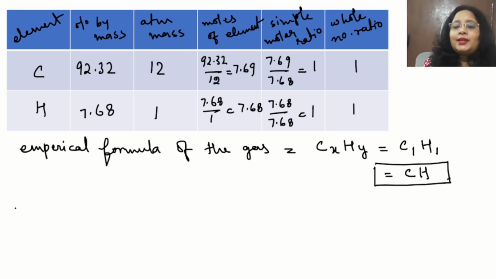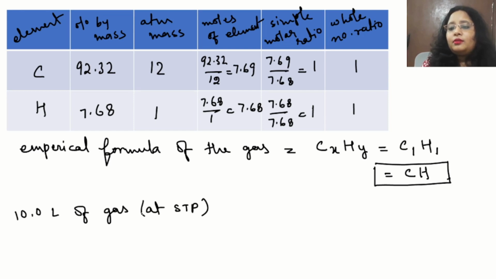Now come up to the second question, that is molar mass of the gas. For this we will use the second statement of the question, that 10.0 liters of gas at STP weighs 11.6 gram.